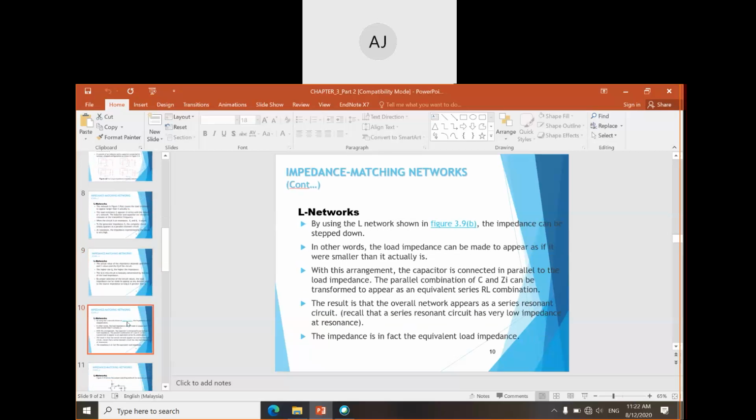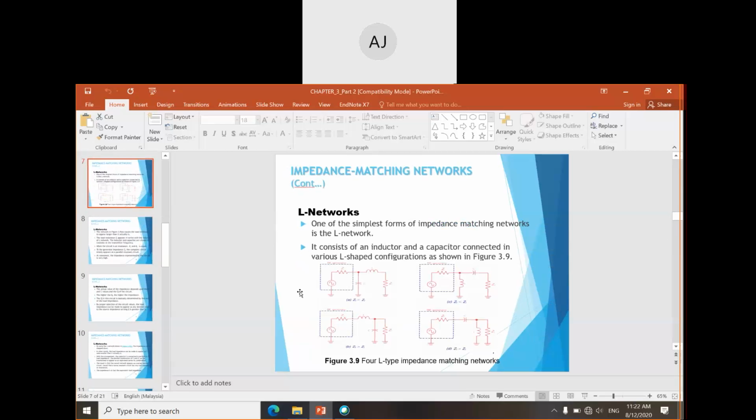We have the L network for the second type, which is figure 3.9B. We put the capacitor in series with the Z load, and also the inductor in series with the Z in, like this for the second type of L network.